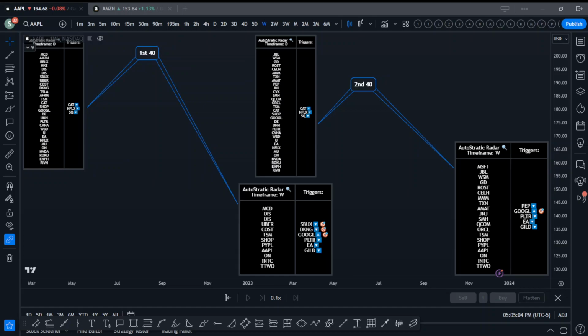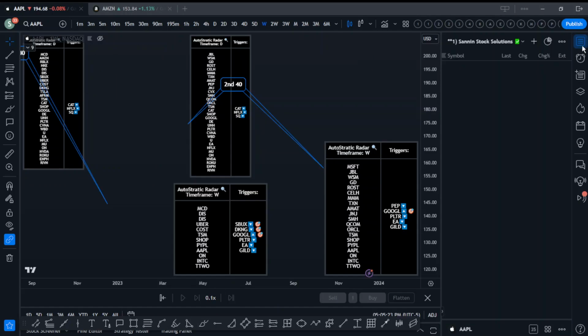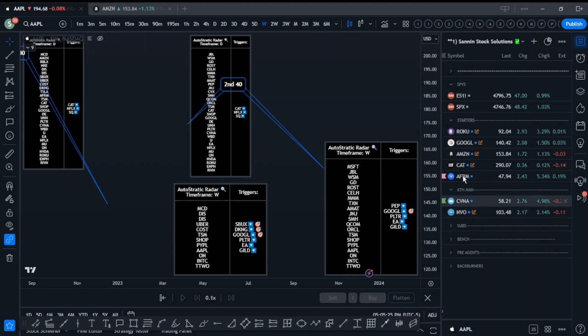I've been trading for quite some time, and I keep track of all of the bangers and the hitters and the stocks that I like, and I put them on a master watch list that you can see. I'll quickly bring it up. This is my master watch list, my starting 5 plus my 6th man. I think I posted this watch list earlier today, if not yesterday.